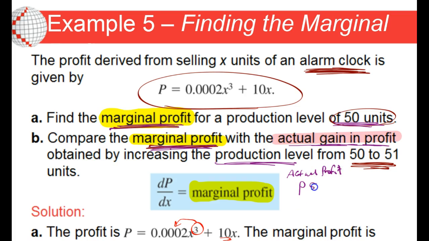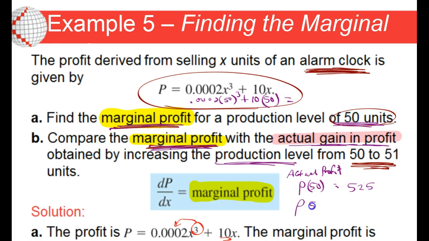So P sub 50, I'm going to plug 50 in right here for x, so 0.0002 times 50 cubed plus 10 times 50. Find that answer, which I believe is around $525.